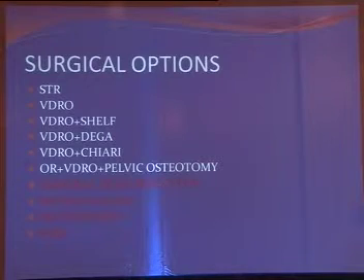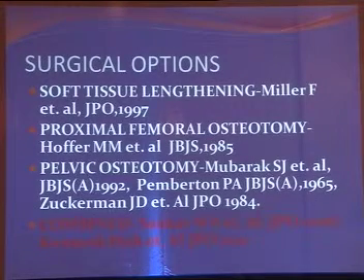All this can be done at any stage, depending upon the stage of subluxation or dislocation. So surgical options are many: some soft tissue lengthening, some proximal femoral osteotomy like varus derotation osteotomy, and some have described pelvic osteotomy. But recently a combined method has to be done to get good results.